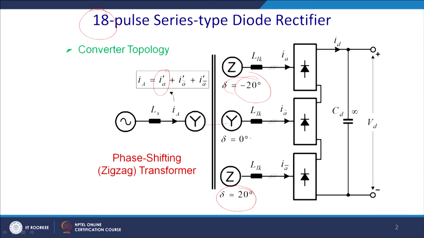So, it gives you delta equal to 0, and this one will give delta equal to minus 20 degrees, and we shall see that it can even cancel the 11th and 13th harmonics.